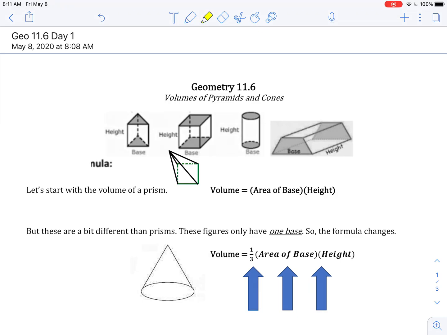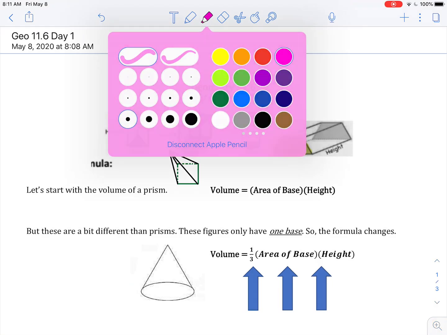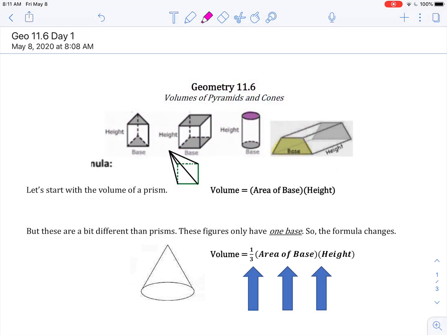We just finished our quiz on 11.5, which was the volumes of prisms and cylinders. And we found that the volume was equal to the area of the base times the height. That base could be a lot of different shapes, but for the most part, it was our non-rectangular sides.